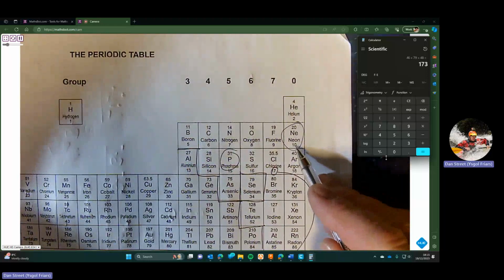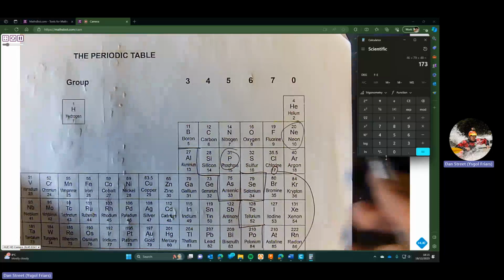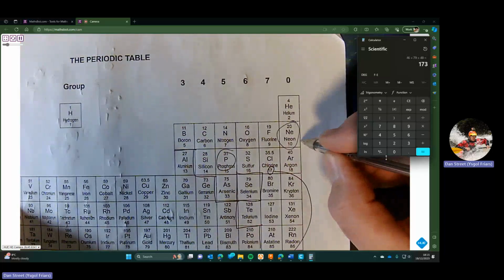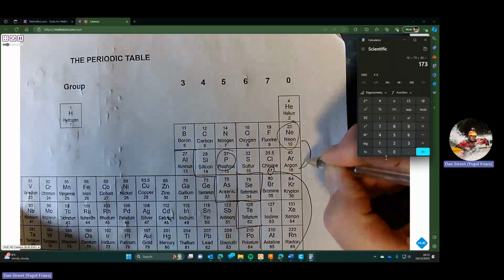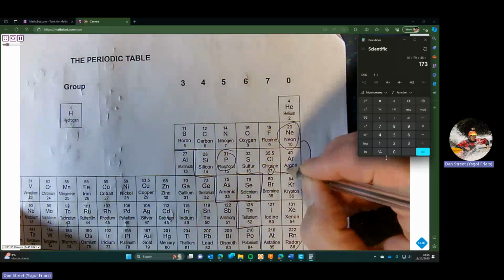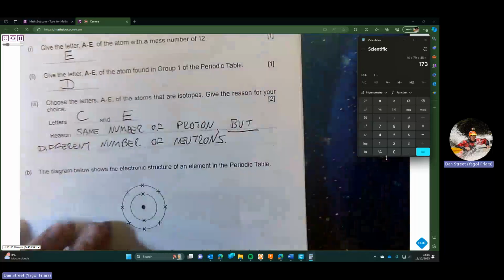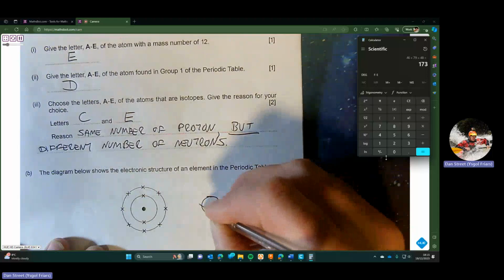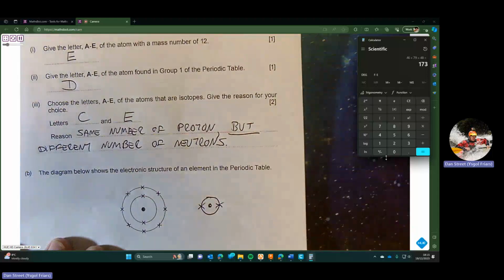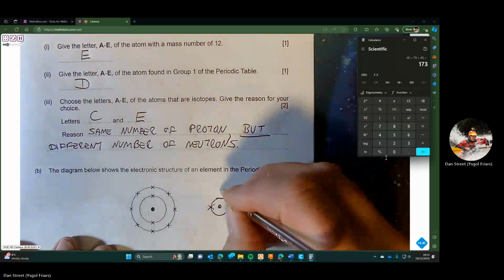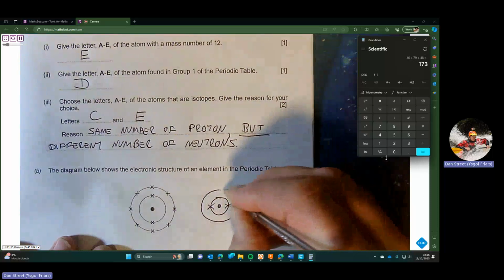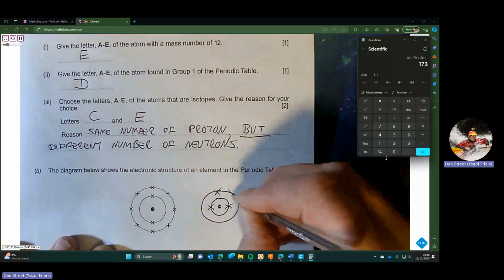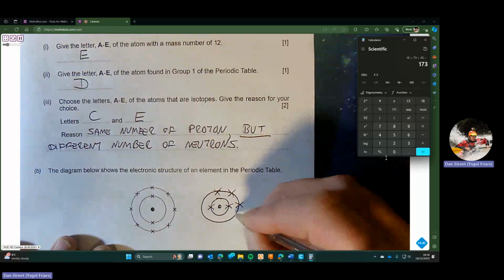Okay, so it's got 2 electrons in its first shell and 8 in the second. And the question asks us to draw a diagram of the element directly below, which is argon. And argon has got 18 electrons. Okay, so we go back to our question. We draw the first shell, which has got 2 electrons in it, and that's now full. You have to remember that. Then we could draw the second shell, which has got 8 electrons in it, just like its neighbour here.